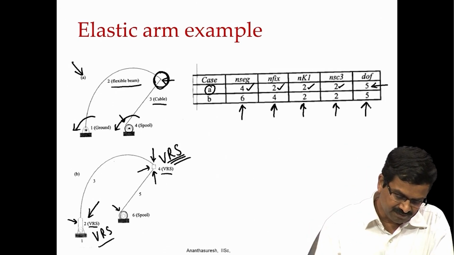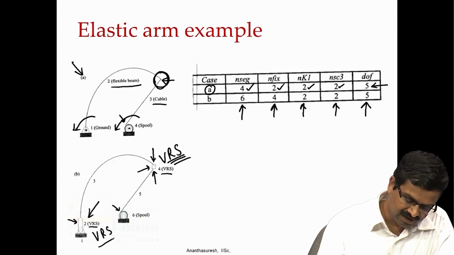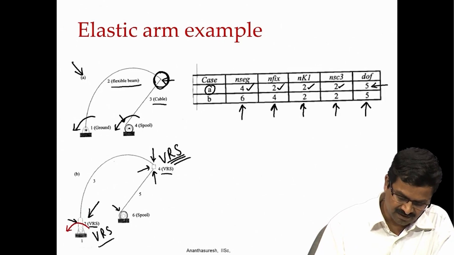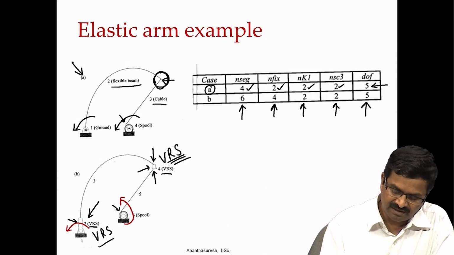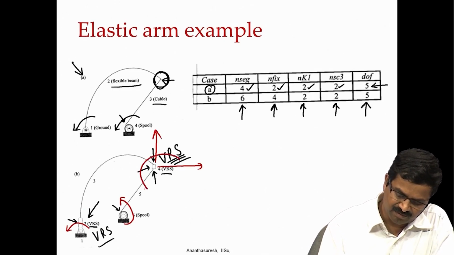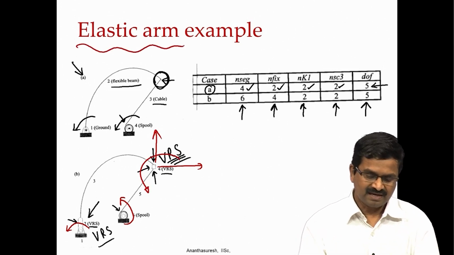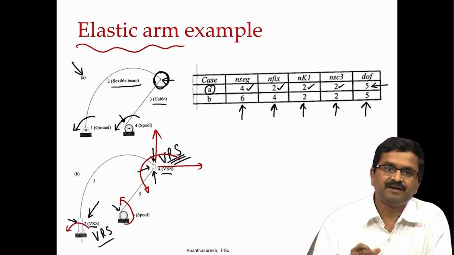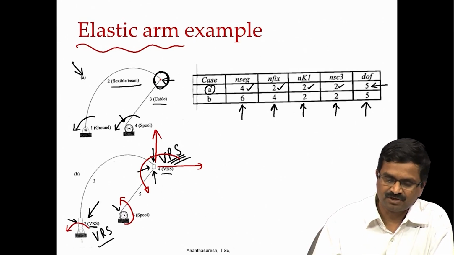Now, we interpret it in the sense that we have 5 degrees of freedom that we can have: rotation over there and then rotation over here, 2 torques, and then since there is a virtual rigid segment, I can have force in the x direction, force in the y direction, and a moment on it. In fact, this elastic arm has at this point a robotic hand attached to it, that is an end effector that can have 3 degrees of freedom, and then you have 2 torques, and that is how it works out.